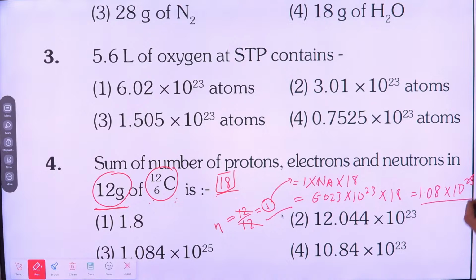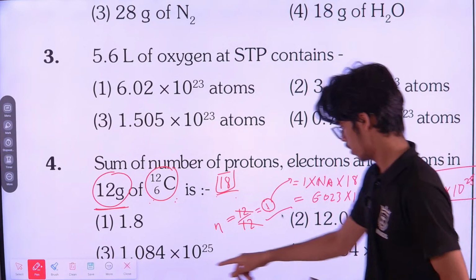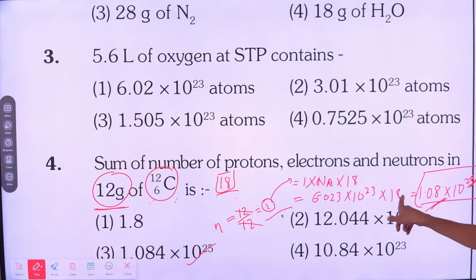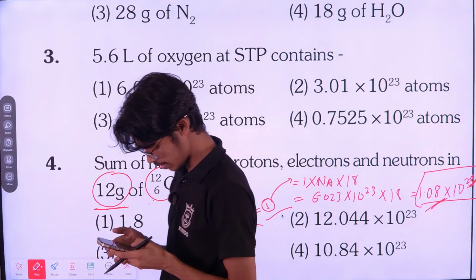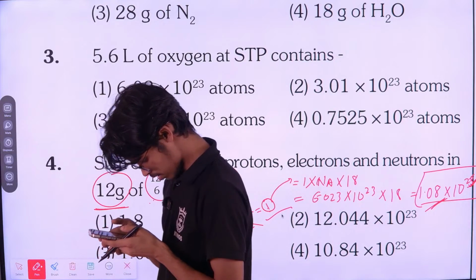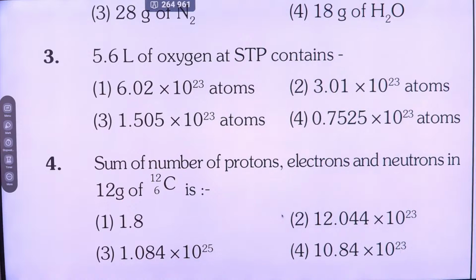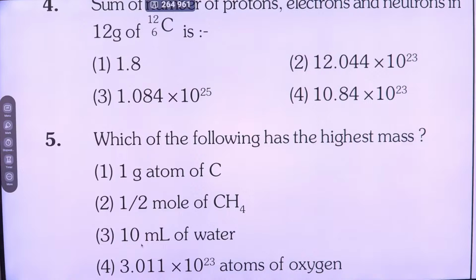Oh, you are doing right. Okay, so 1.08 into 10 to the power 25, because 2 zeros got added from 108. Okay, so this is the answer, option number 3. I hope you guys understood, right? 18 into Avogadro number. Yes, it's right. Okay, I was just a little bit confused. Okay, now do this problem.